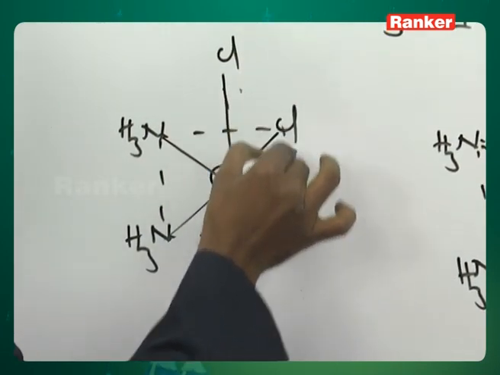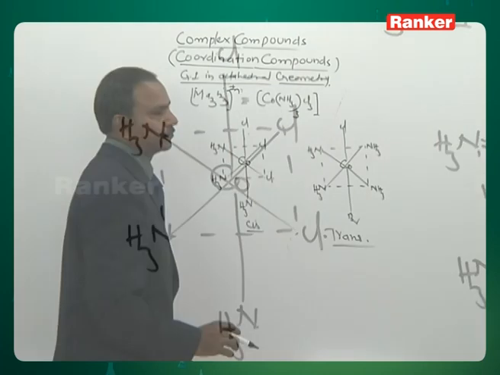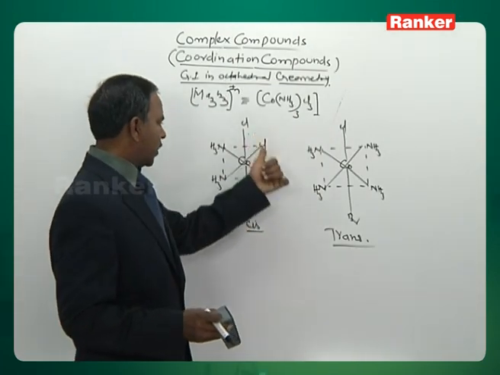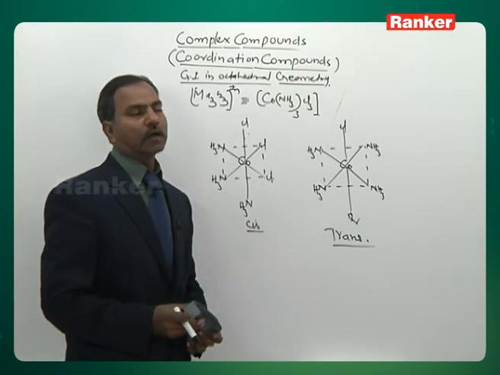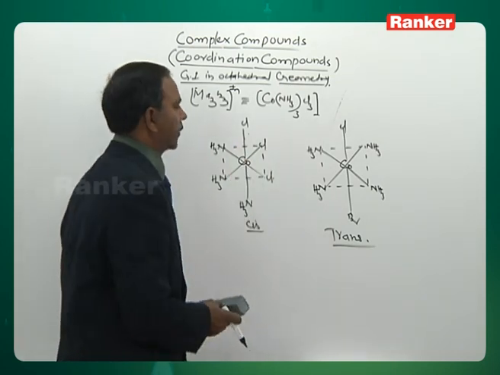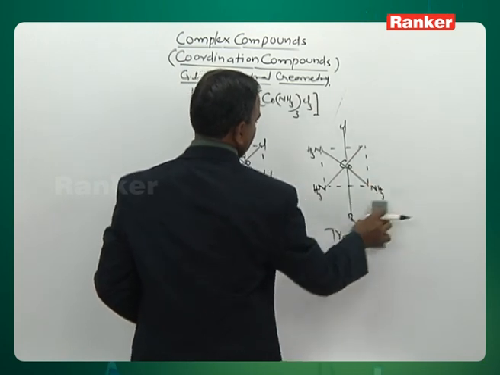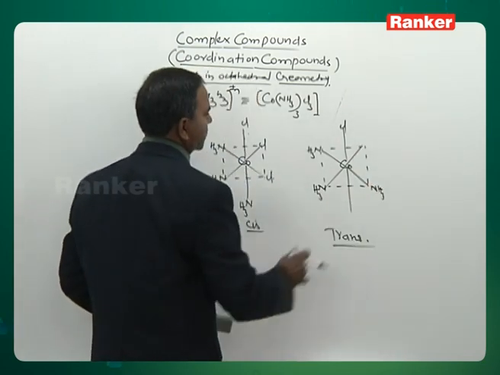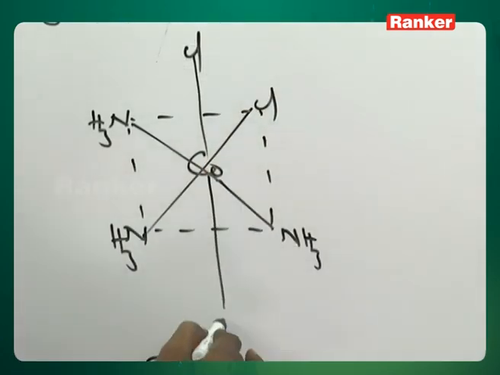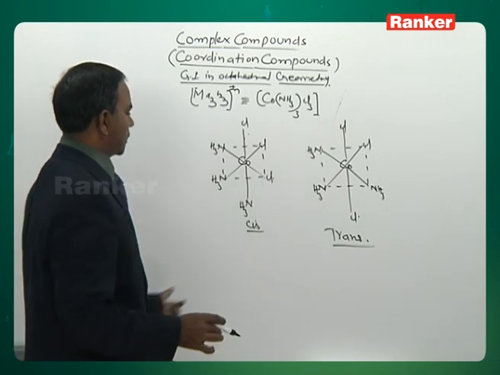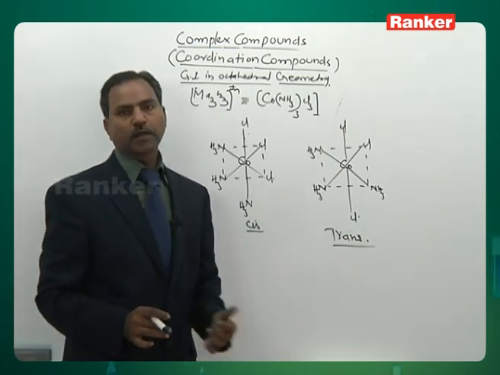Cl, Cl and Cl. The three I have put on one side, you see, this is actually occupying one of the faces of the octahedron. Next, this trans complex, this is Cl, I am writing like this. Here you see cis and trans, this is cis, this is trans.